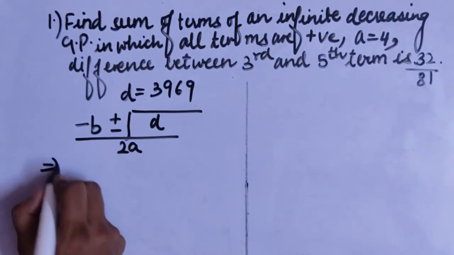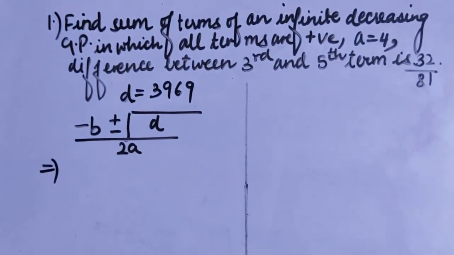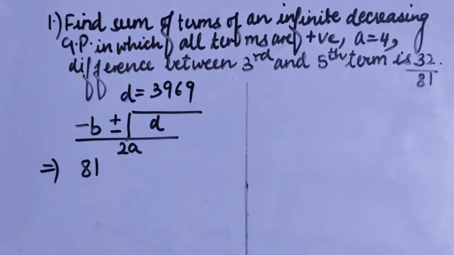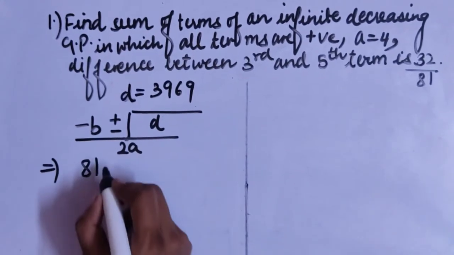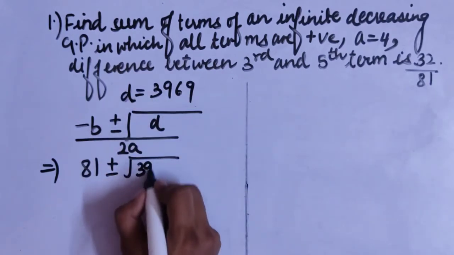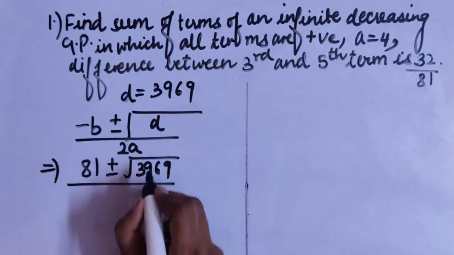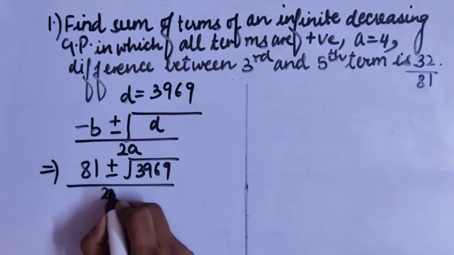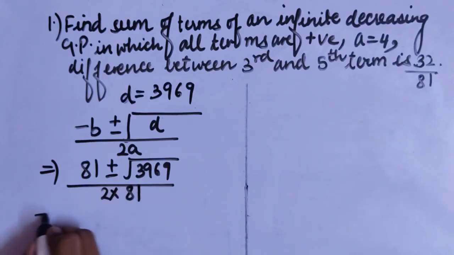So we will put all the values over here. As we know, our value of b was minus 81, so minus into minus 81 will be 81 only. 81 plus minus under the root, D was 3969, upon 2 into a. And what was our a, students? a was 81, so 2 into 81. So now we will solve it.